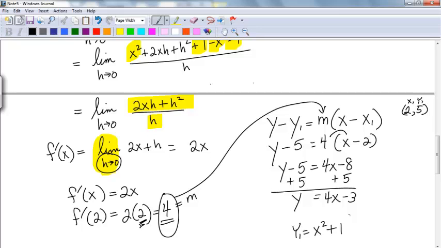You can do zoom 6 if you want to. Okay, and then let's graph the equation of our line. So y sub 2 is 4x minus 3. That's our tangent line, the equation of the tangent line.